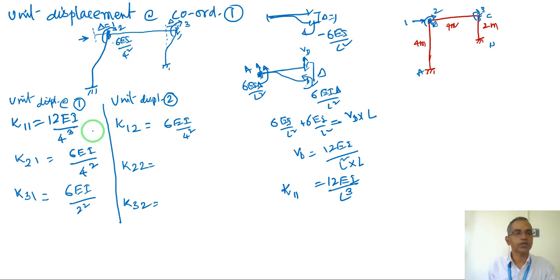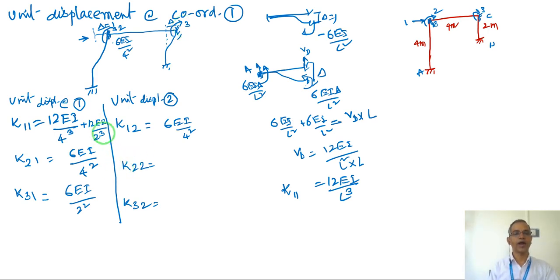One correction we need to make here. For K11, when unit displacement is applied here, the stiffness is shared by this side column also. Both columns will share the resistance to the delta. So that's why I have to add 12 EI by 2 cube, because both columns will offer resistance to the unit displacement to the right side.